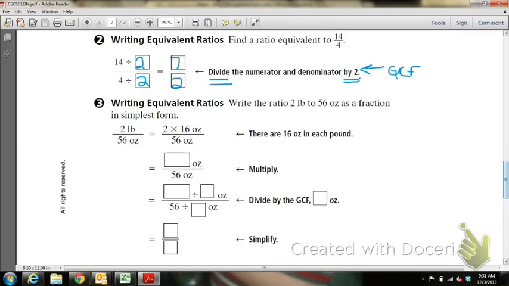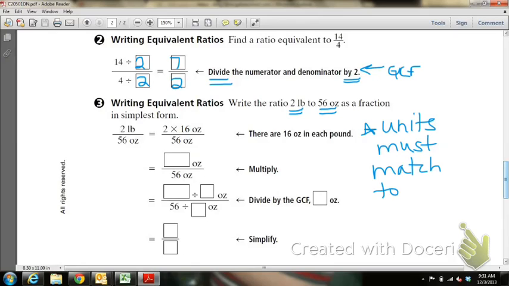Now, when you have units, okay, I have 2 pounds and 56 ounces. You have to make your units match if you're going to simplify, okay? So to turn pounds into ounces, there are 16 ounces in each pound.